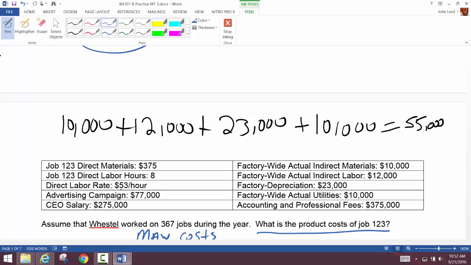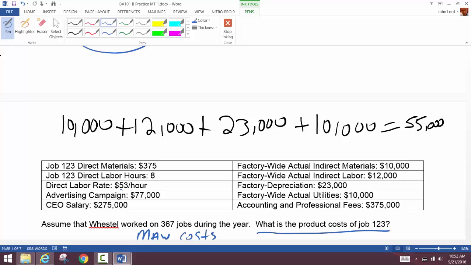Factory depreciation. Good. What do I debit? I debit the manufacturing overhead. Good. For how much? 23,000? Okay. What do I credit? Accumulated depreciation, right? 23,000? Okay, good.